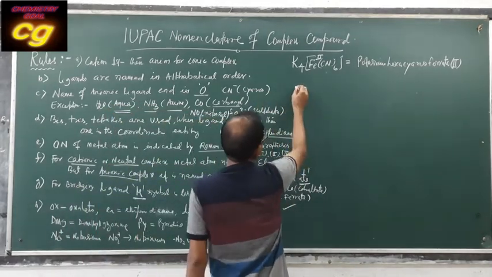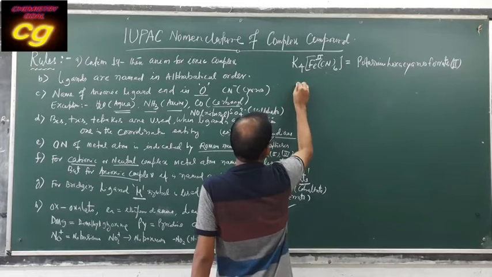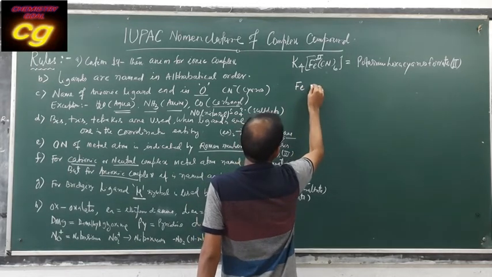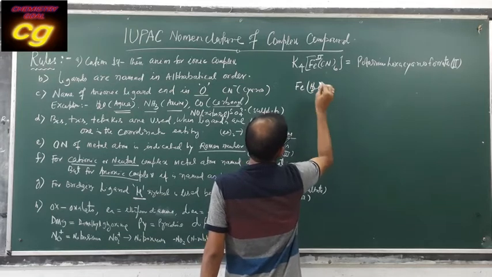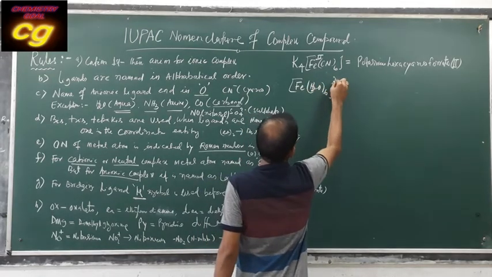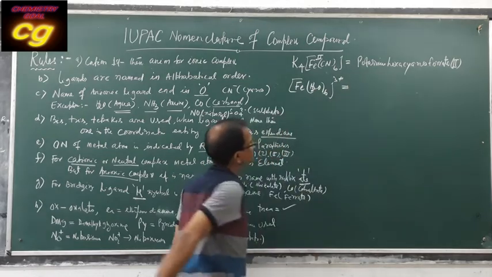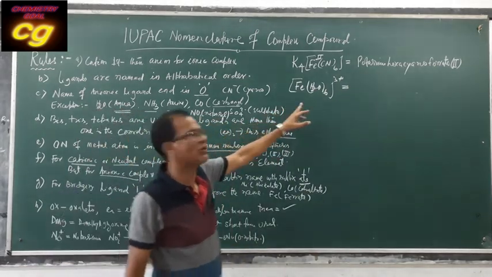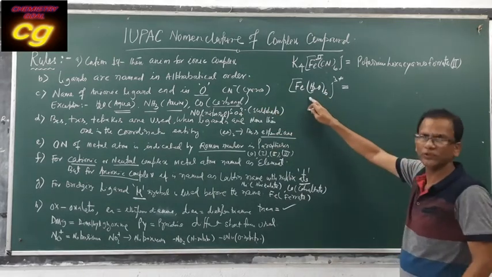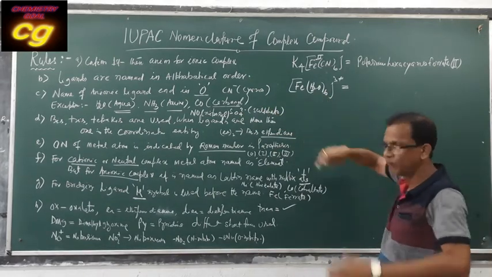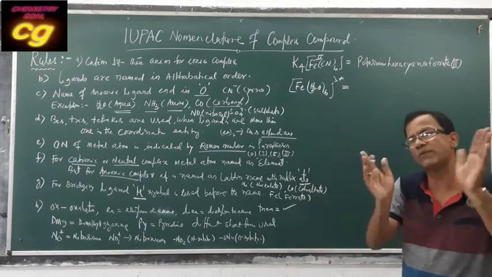Let the complex be like this: [Fe(H2O)6] carrying 3 plus. Here the only ligands are water. As there is no cation here, we can start from the complex side. When you give the nomenclature of a complex cation, you start from the ligand name.